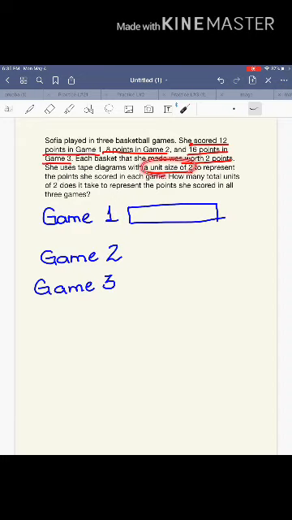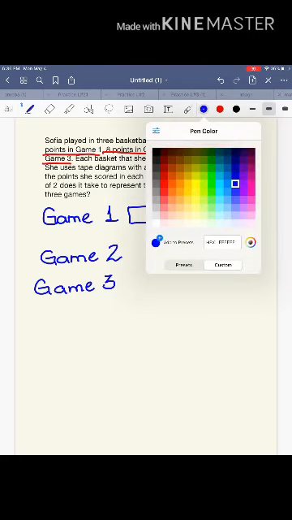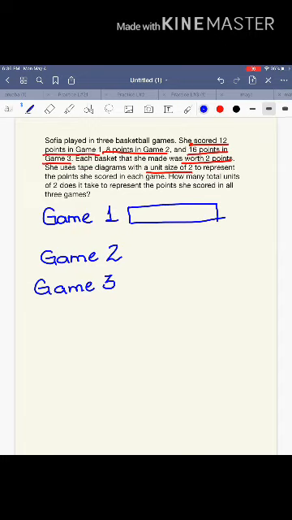The unit size, it says it here, each unit size, each little square that I'm going to draw is going to have the value of 2. So I'm going to draw 4 pieces. Oh wait, no, it's 12 points, so I need 6. 1, 2, 3, 4, 5, and I need 1 more, 6.